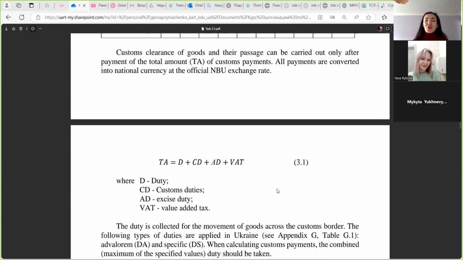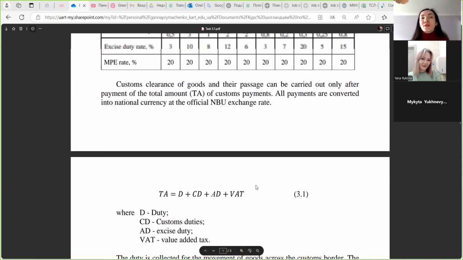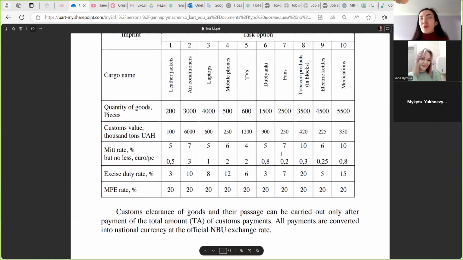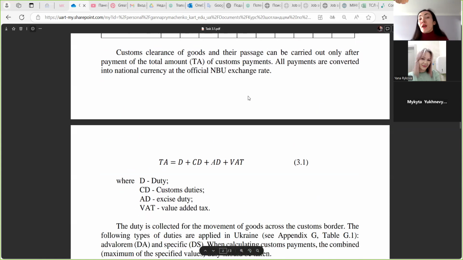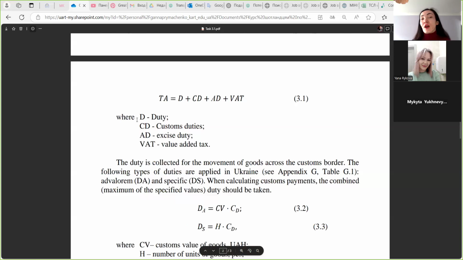It is not very actual information because we have these parameters from this table. It is very specific, not really real information. It is an example, and we could find this information and see that we have some types of duty.